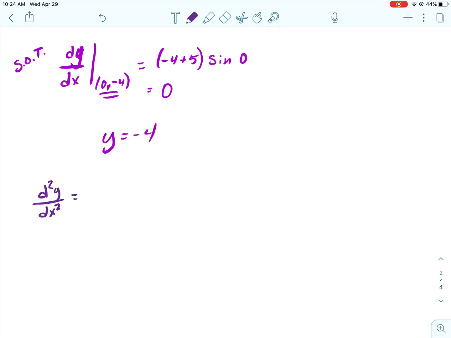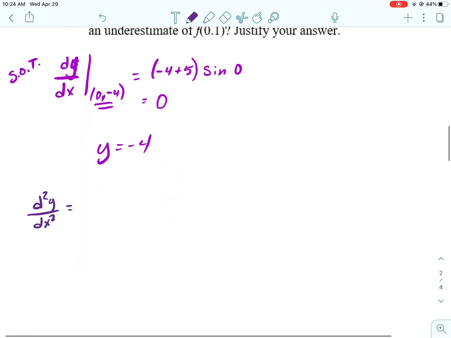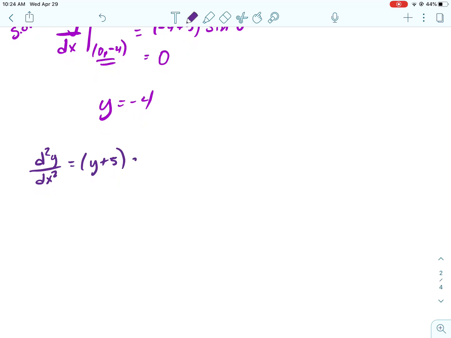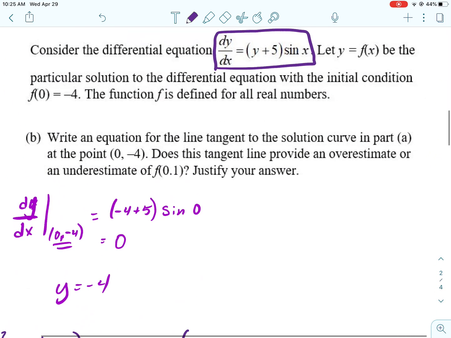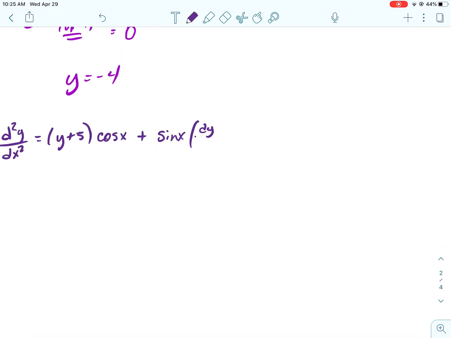So I'm going to take dy over dx, and I'm going to find the second derivative. Now to do that, I am going to have to do the product rule. I will leave the first one alone, y plus 5, and multiply by the derivative of sine of x, which is cosine of x.